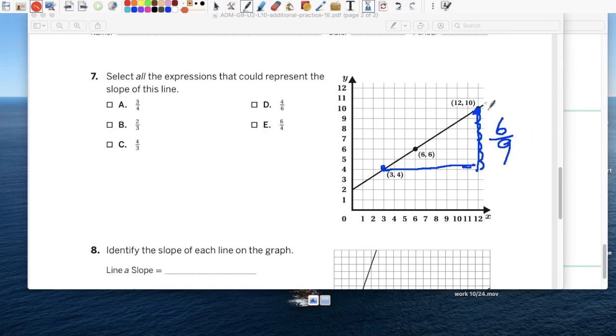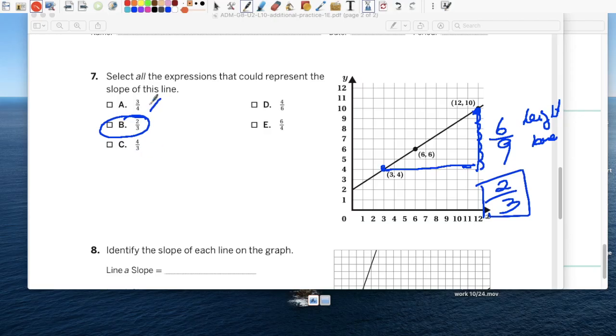The base is 9. We can simplify that. It becomes 2/3. So the slope of this line is 2 over 3. Anything that has 2 over 3, this one, that's a no, that's a no. Is 4 over 6 the same thing as 2 over 3? Yes, it is, so that's a yes. Is 6 over 4 the same as 2 over 3? That's a no. So B and D are the correct answers.